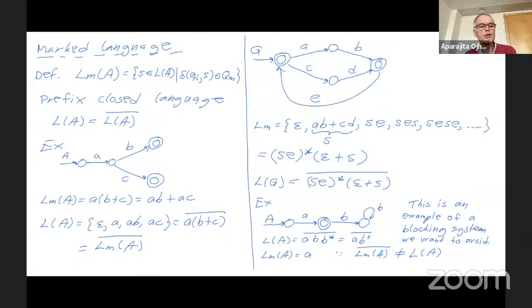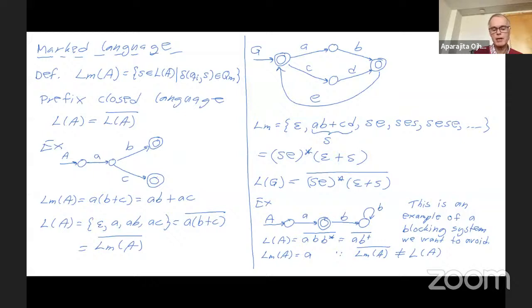Then there is specific notion saying that a prefix closed language is a language where the prefix closed language is the same as the ordinary language. And we can say that for any automaton, if you formulate the strings that generate the reachable states, then you have a prefix closed language, because all prefixes are also included in the language.